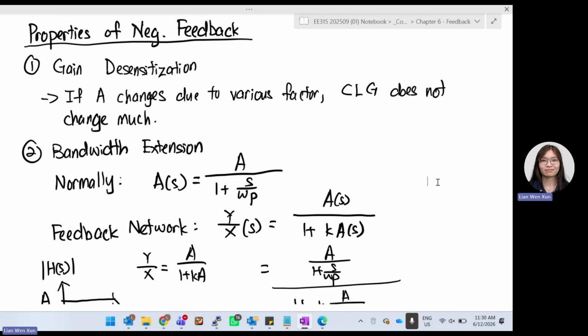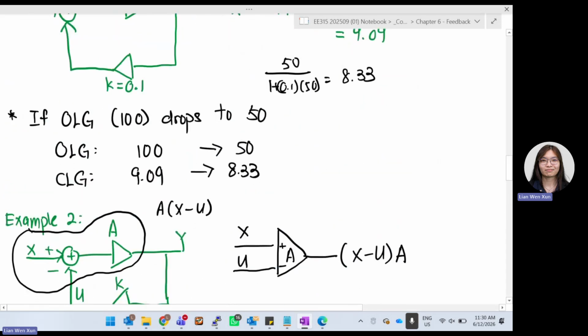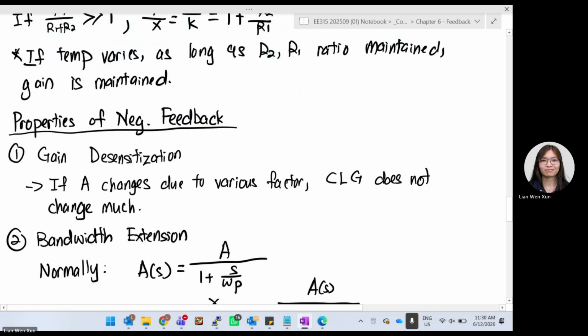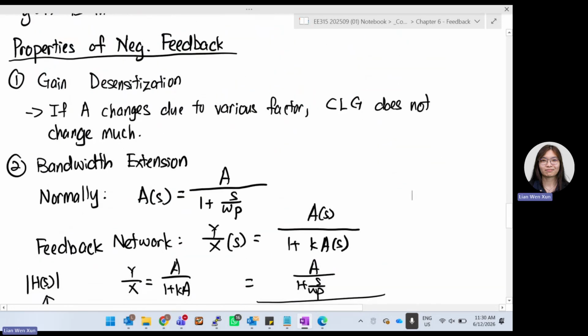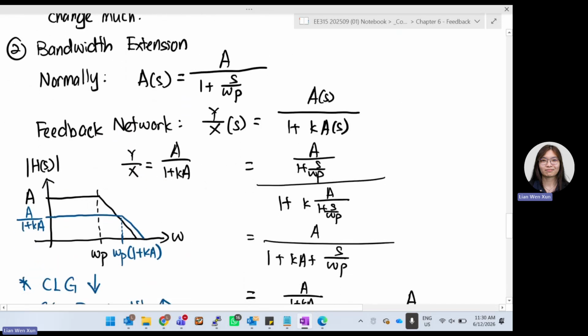For example, in the example just now, our open loop gain is very sensitive. So we want to control the system so that it is not so sensitive, and we use feedback. So the first point is we try not to let the system be so sensitive to gain. The second one is bandwidth extension.